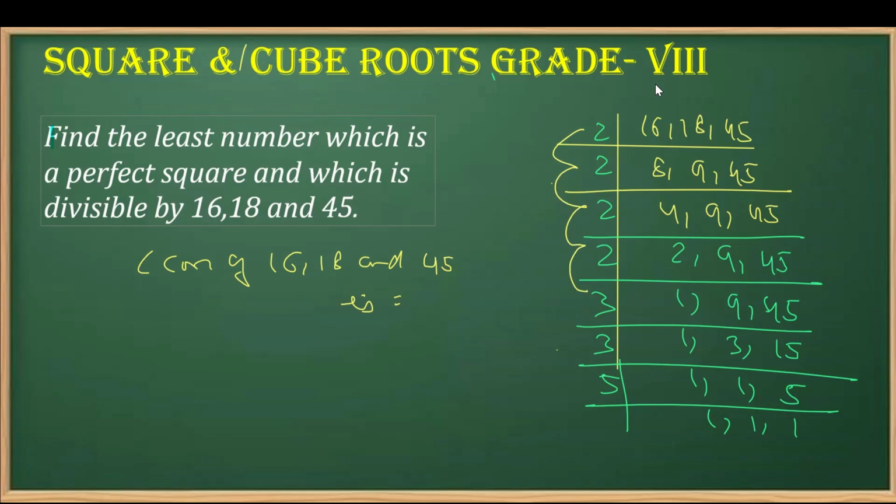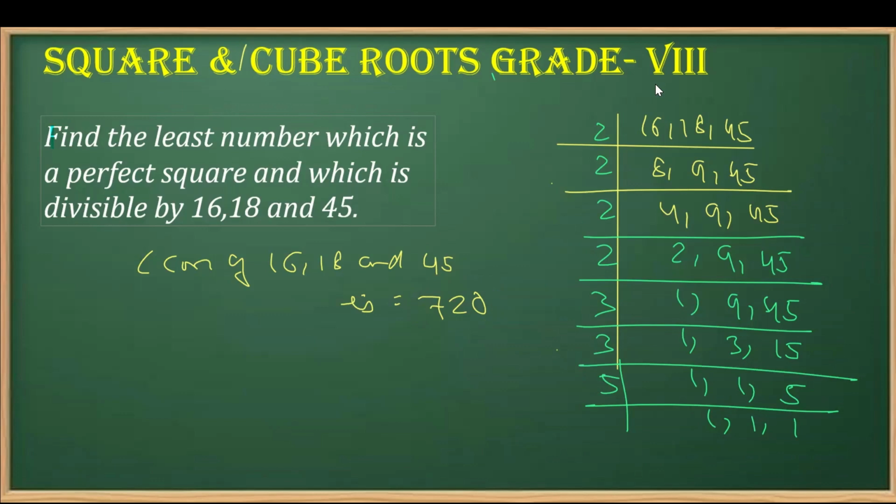And 48 into 3 is how much? 144. 144 into 5 is how much? 720. It is 720. Now check here, this is not a square number, right? We have got a number which is divisible by these three, but that's not a square number.